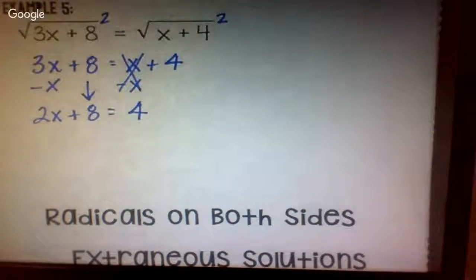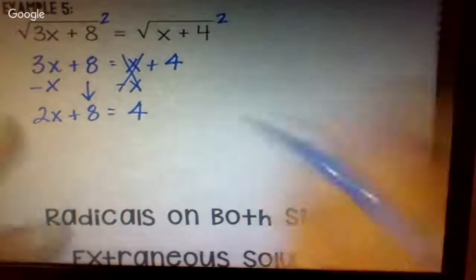So what's 3x minus x? 2x. Don't forget to bring down that 8. These cancel, and that equals 4. Okay. X's are on the left, which means all of my numbers need to move to the right. So to move my constant value of 8, I need to subtract.